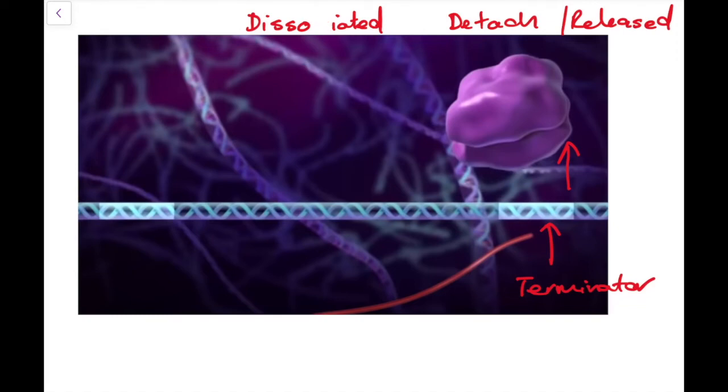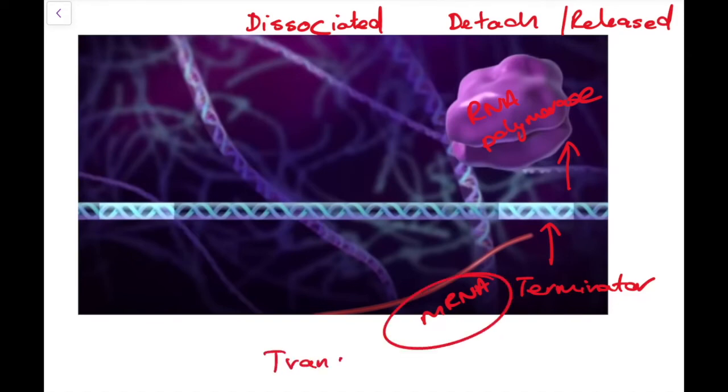So the mRNA has also been released. So at the terminator, the RNA polymerase gets released, the mRNA gets released, because the mRNA, that's our transcript.